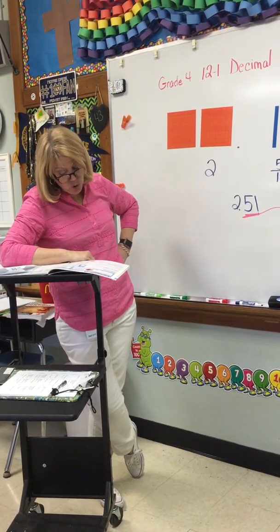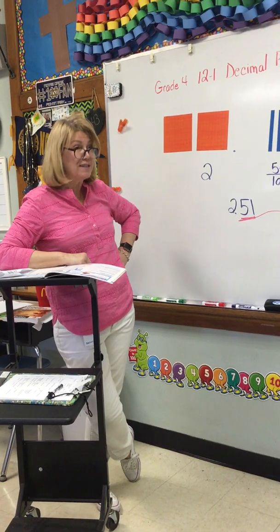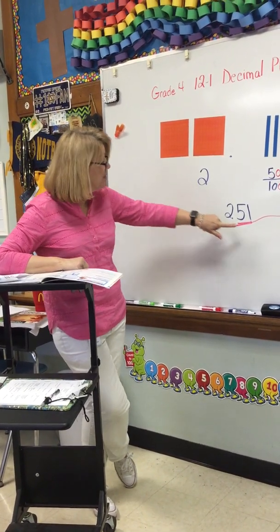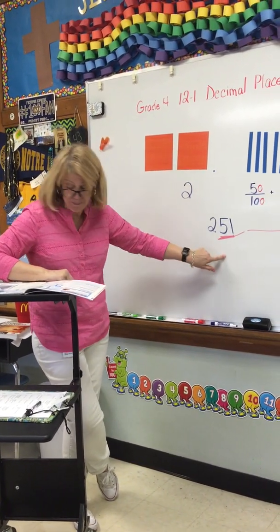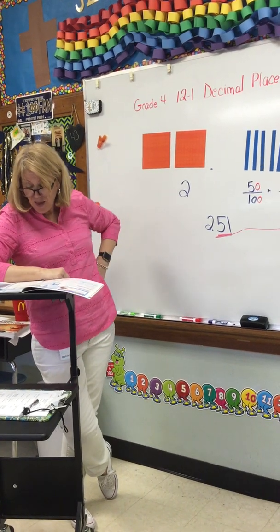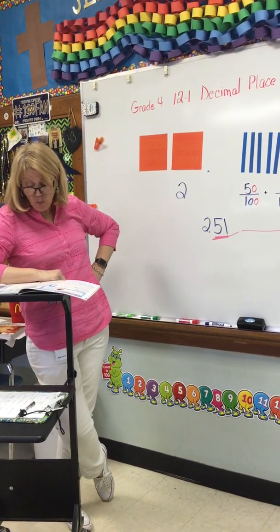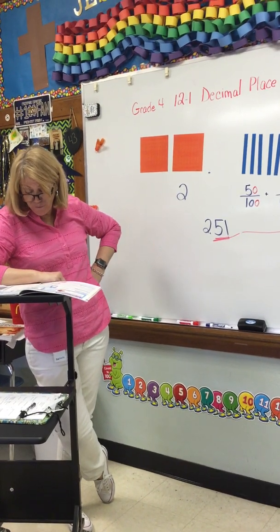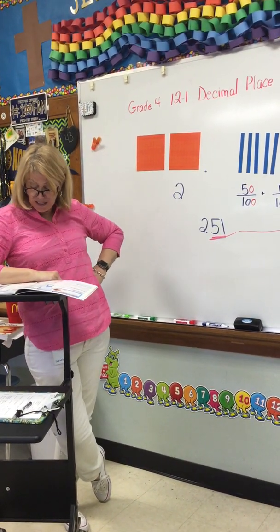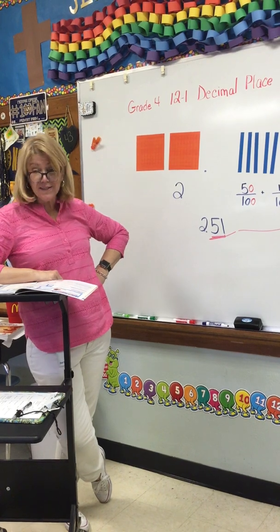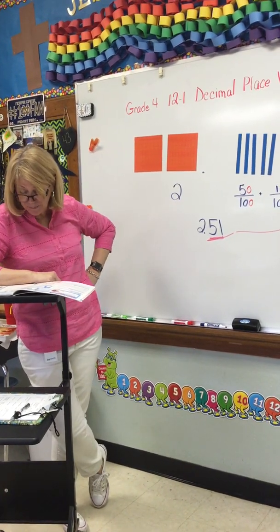Number 10 through 12, you're going to write that in just standard form, like this. This would be standard form. And then 13 through 17, it says write the number in word form. So 13 would be 2 and 47/100.